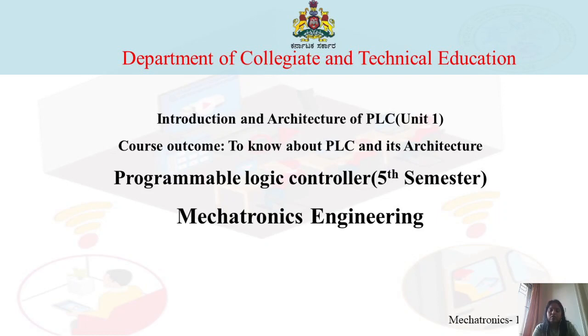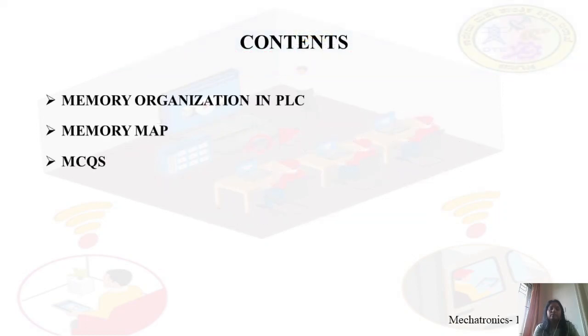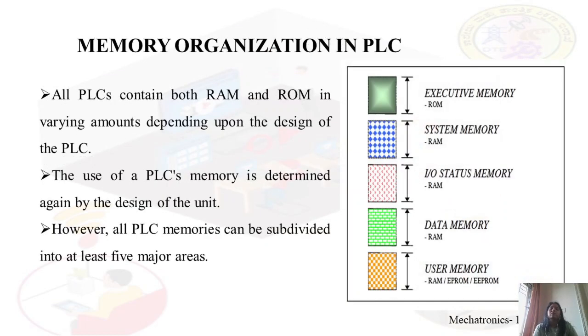Now, in today's session, we will see how the memory is organized in a PLC, that is your programmable logic controller. Understood? First, memory organization in PLC. All PLCs contain both RAM and ROM in varying amounts depending upon the design of the PLC.